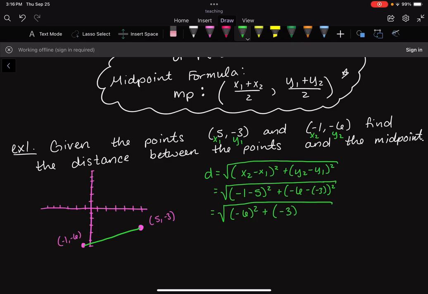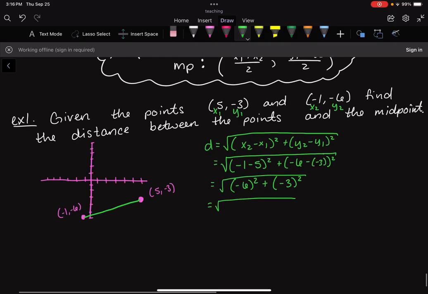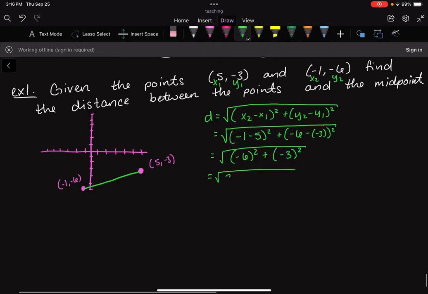So that's -3 squared. Simplifying further, this is going to give me 36 plus 9, which gives me square root of 45, which can simplify further to 3 root 5. So this is my d, my distance.